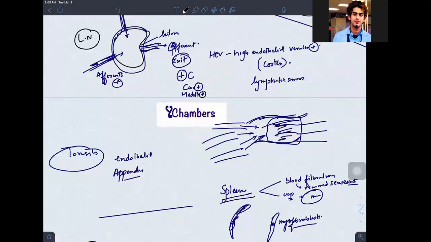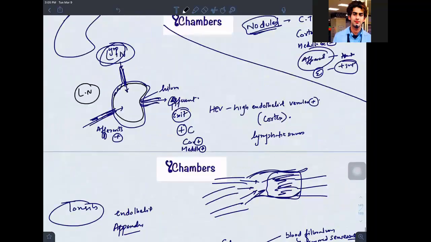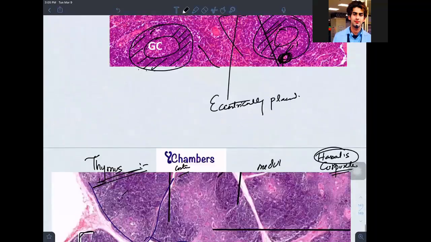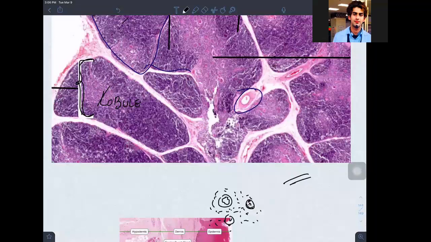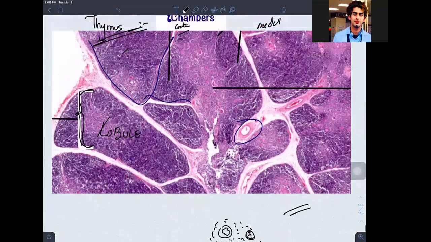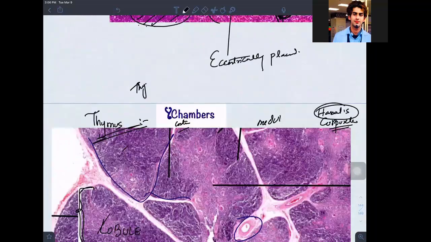And one thing to end this discussion, I will tell you something about the thymus. Let me go back to the thymus. In the thymus, you will be seeing T lymphocytes mostly. Those are called thymocytes, cells of the thymus.